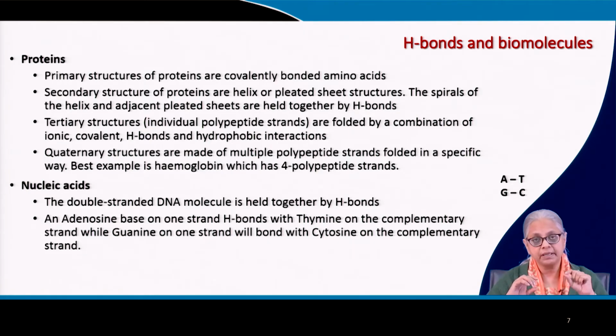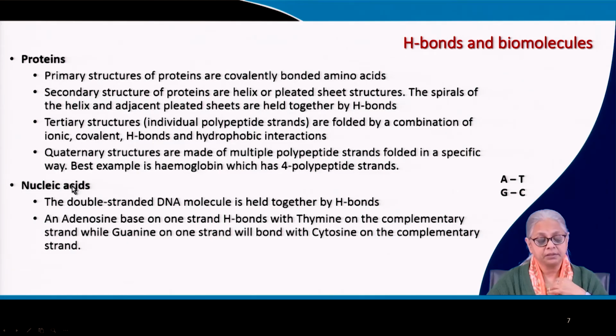Now, there is also a heme group associated with each one of these polypeptide strands, and that is the active site. But if there is any disturbance to the way the protein is folded, then the bioactivity is going to be compromised. So the entire bioactivity of a protein is associated with these levels of structures: secondary, tertiary, and quaternary. And in all of them, you will find that the weak interactions, hydrogen bonds, van der Waals forces, all of them are important.